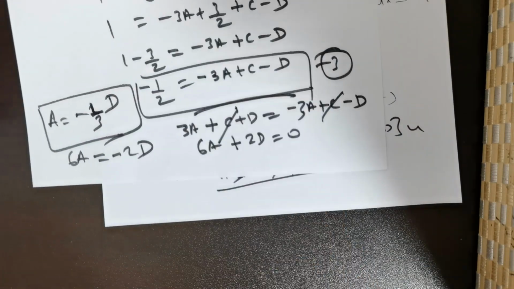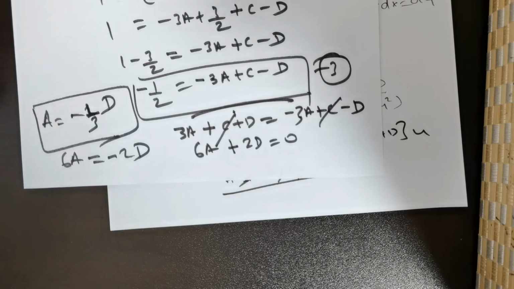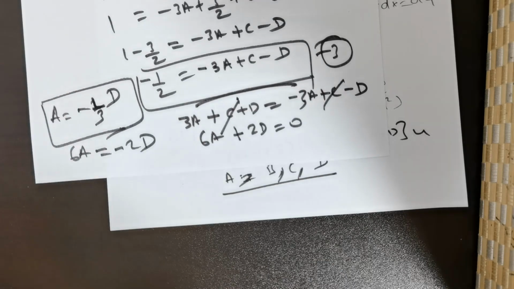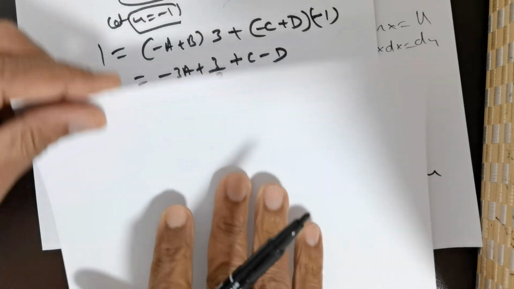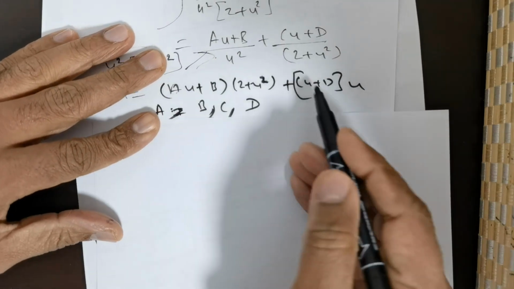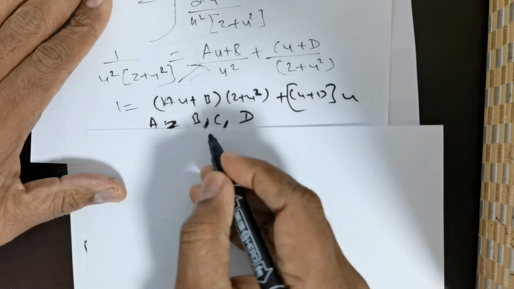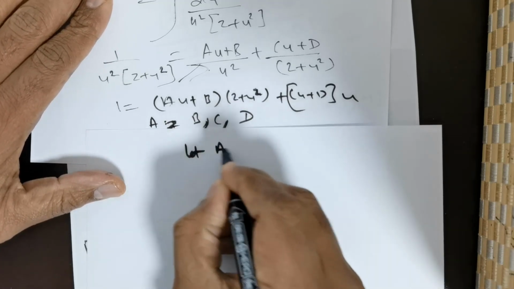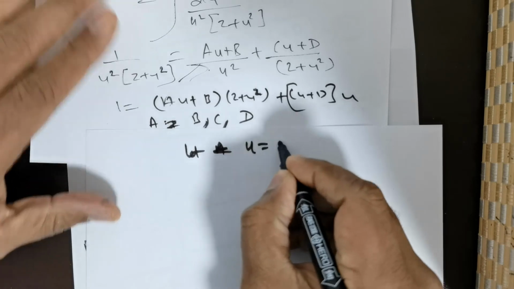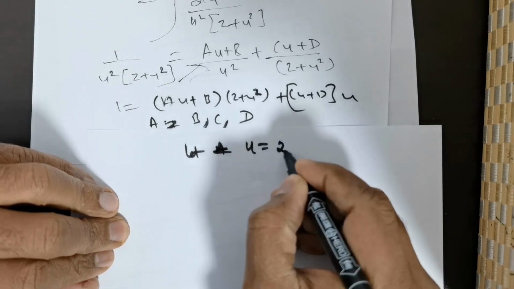So let me move on. Let me get a paper now, and I don't want to turn to the other side. Okay. So now what we are going to do is we will have to take another independent value. That's the only possibility that we have got. So what I will do is I will take let u be equal to, say, positive 2.